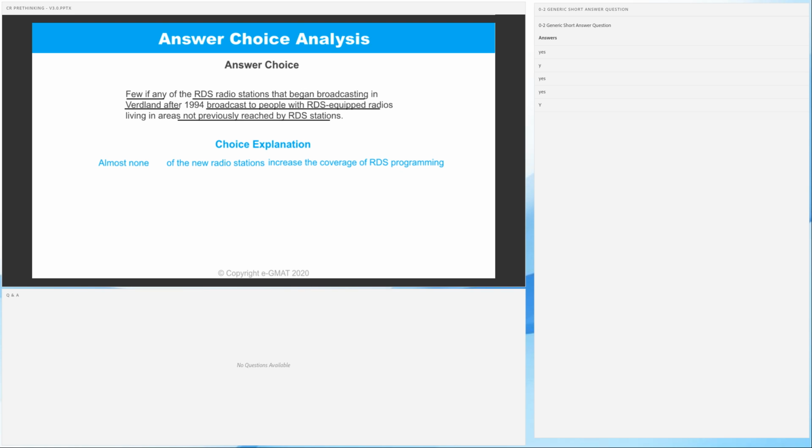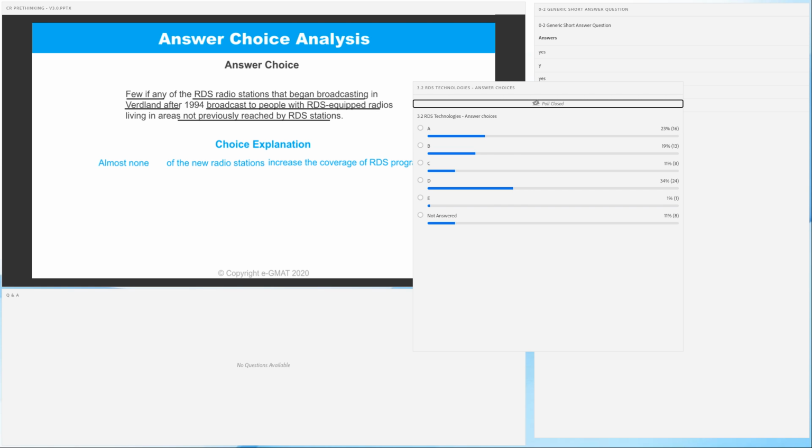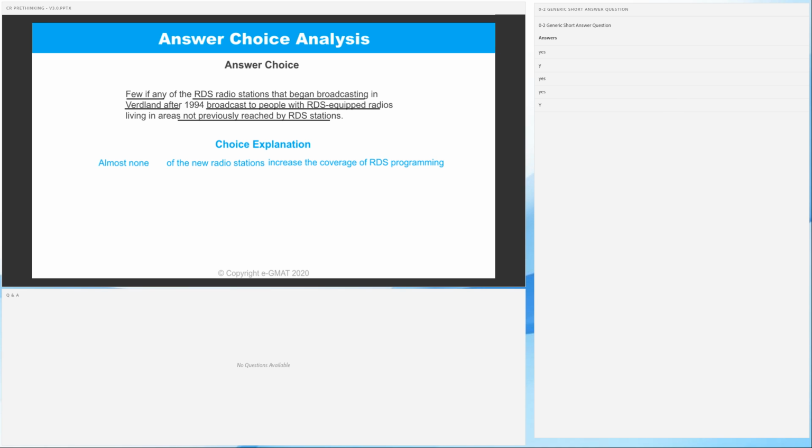All right. With that, let's look at how you guys polled over here. Choice A, 23% of the people chose choice A. Choice D was the most popular choice. 34% of the people chose choice D. And choice B was really popular as well.